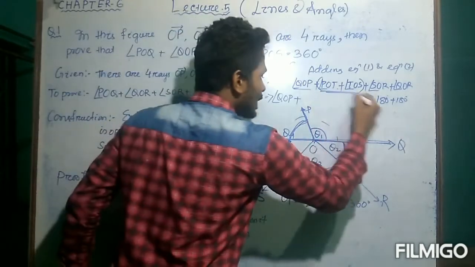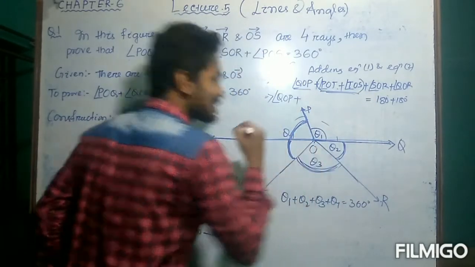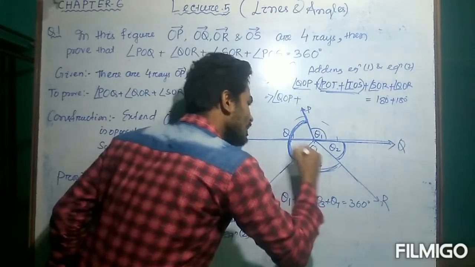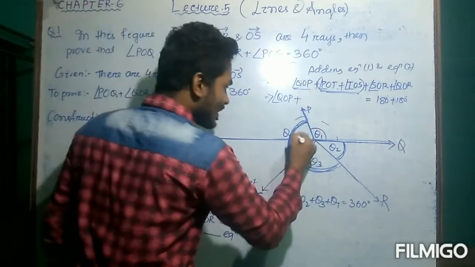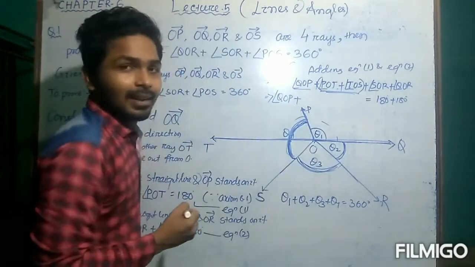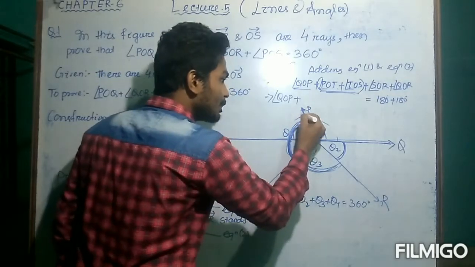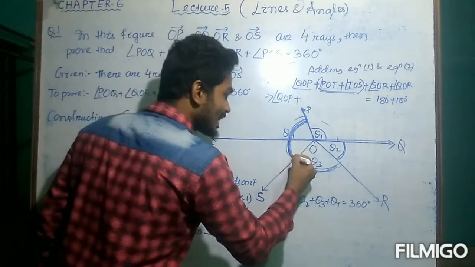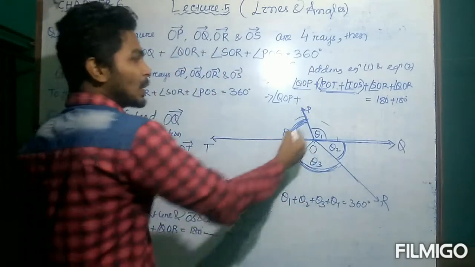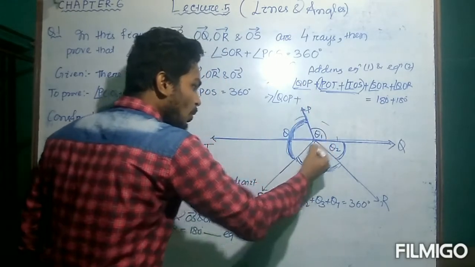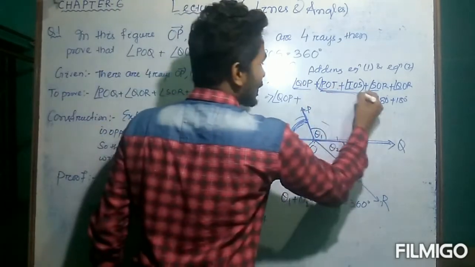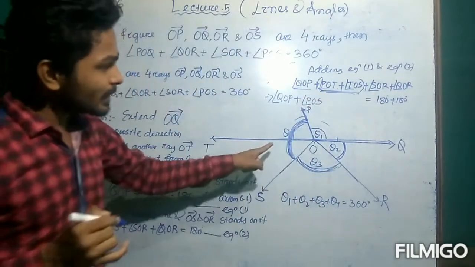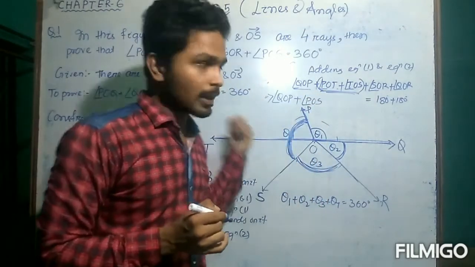So these two angles represent this angle plus this angle. So can we write this angle plus this angle as the total angle? Because these two angles are added to give the total angle. That is why POT, this angle, plus TOS, this angle, can be written as the total angle. Total angle means POS. As I had told you the reason, these two angles are added to give the total angle.